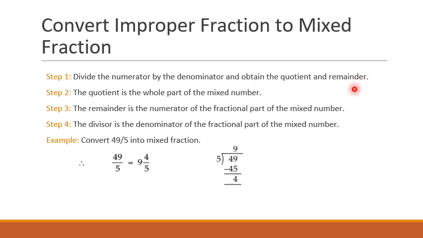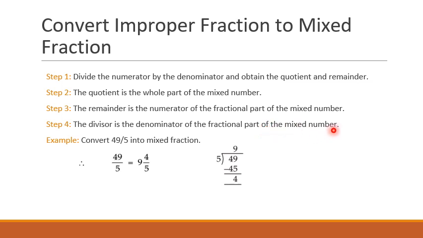Once you get the quotient and remainder, the quotient is the whole part of the mixed number. The remainder is the numerator of the fractional part of the mixed number, and the divisor is the denominator of the fractional part of the mixed number.